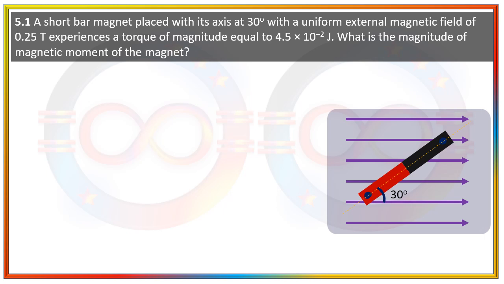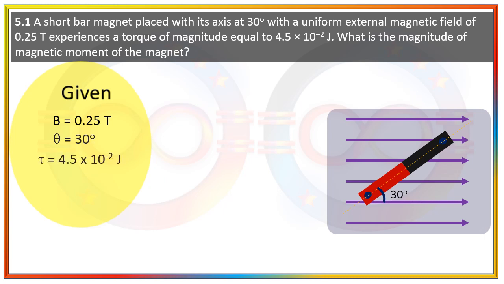The question is, what is the magnitude of magnetic moment of the magnet? So things which are given as input in the question is B, that is magnetic field 0.25 Tesla, inclination theta is equal to 30 degree, and the torque is 4.5 into 10 raised to minus 2 joule. We have to calculate magnetic moment.